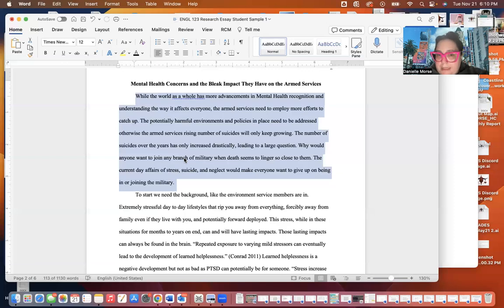What policies in place need to be addressed? Explicitly tell the reader in the introduction what needs to be addressed. What potentially harmful policies are in place? And if they're not addressed, suicide rates in the armed services are just going to increase.